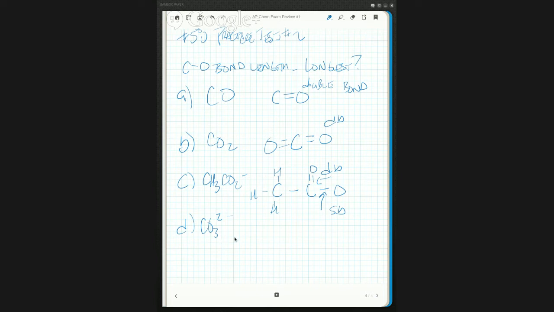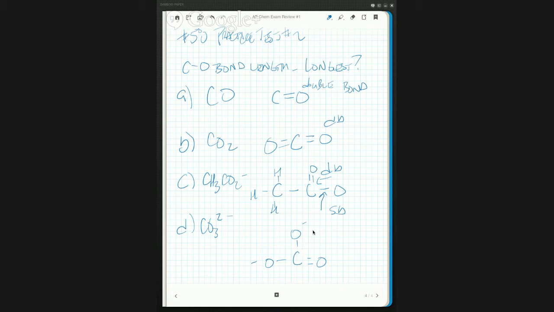And then you have CO3 2 minus, so you've got C, double bond O, single bond O, and then there's minuses here and here. Now, here's the interesting thing. You start to get into a resonance structure.